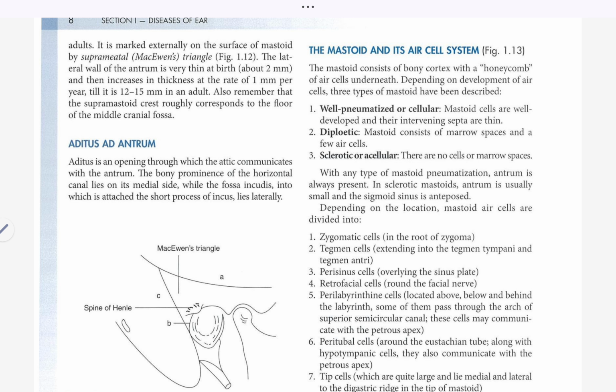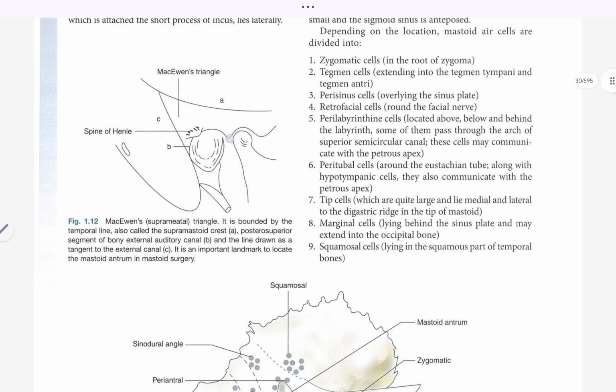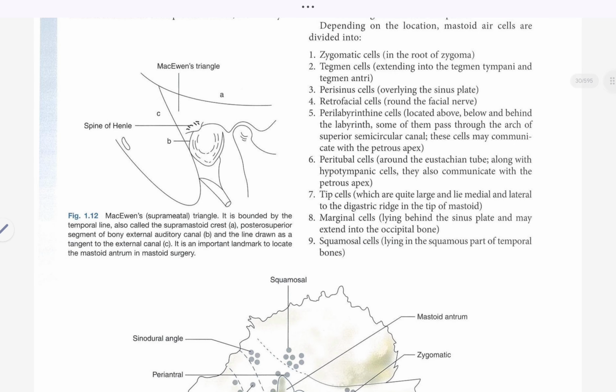Depending on the location, mastoid air cells are divided into zygomatic cells in the root of the zygoma, tegmental cells extending into the tegmen tympani and tegmen antri, perisinus cells overlying the sinus plate, retrofacial cells around the facial nerve, and perilabyrinthine cells located above, below, and behind the labyrinth. Some of them pass through the arch of the superior semicircular canal.